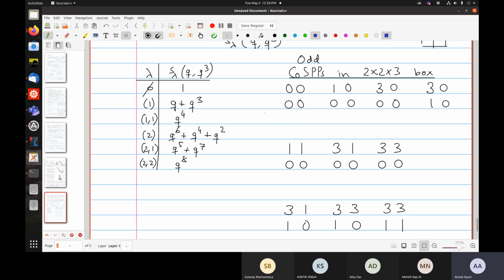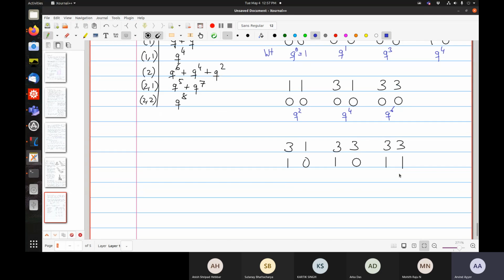And this is Q to the 1, Q cubed, Q to the 4, Q squared, Q to the 4, Q to the 6, and Q to the 5, Q to the 7, and 8.